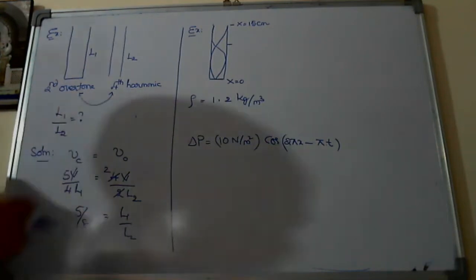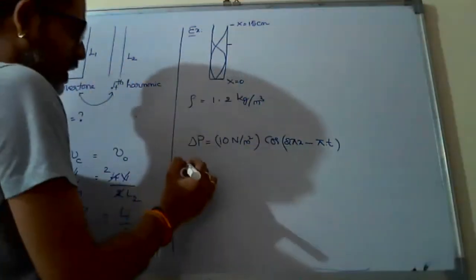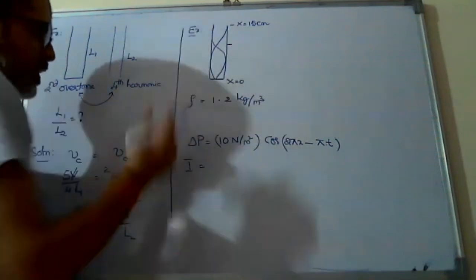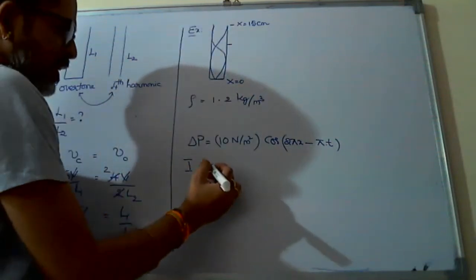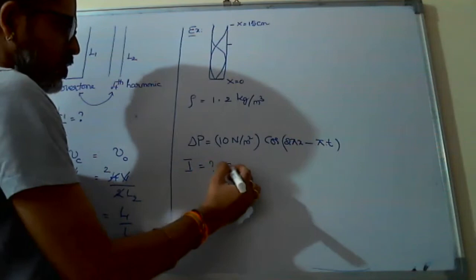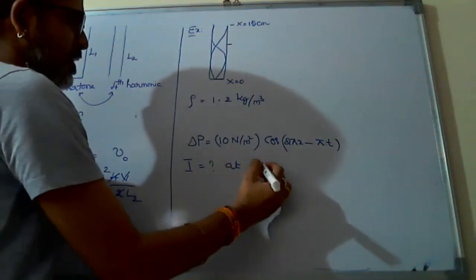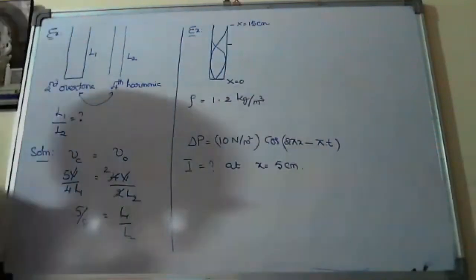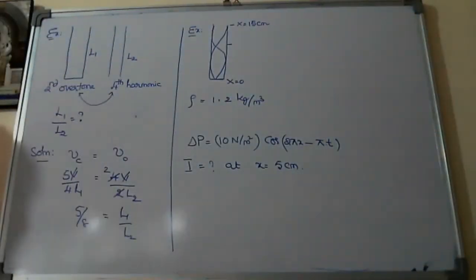Then he is asking to find the intensity of the wave, in this pressure wave, at x equals 5 centimeters, in the given part.